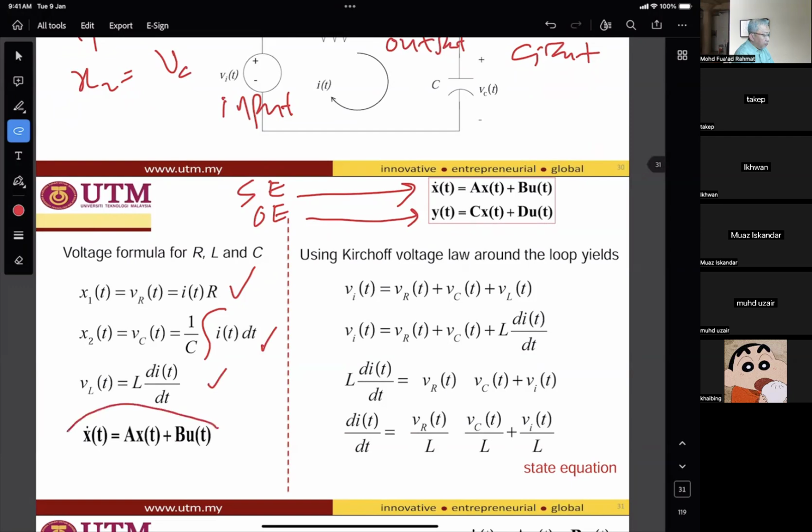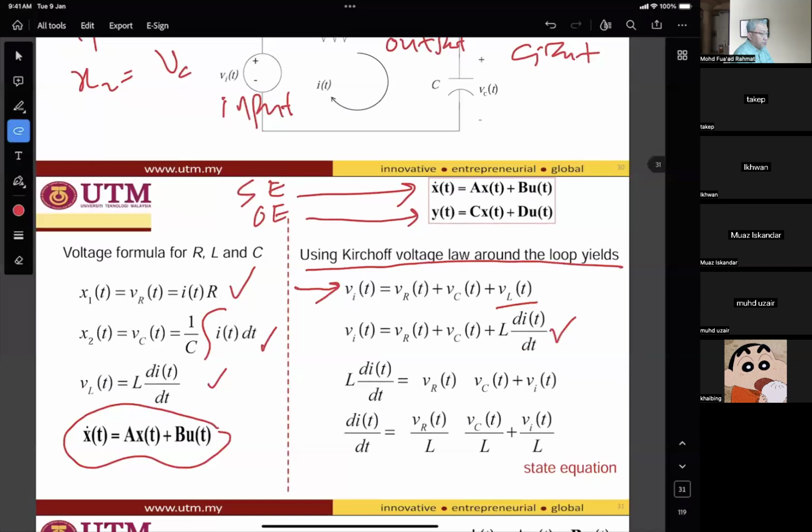So now we derive the state equation using the Kirchhoff voltage law around the loop. Vi is equal to VR plus VC plus VL, a single loop. Then we replace VL with L di dt.